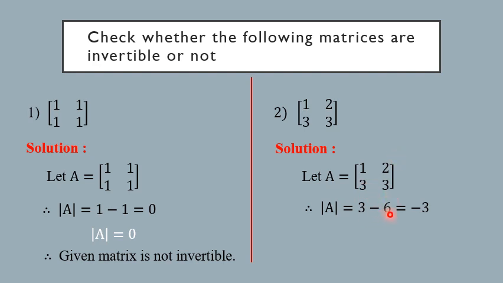So 3 minus 6 is minus 3, which means the determinant value of A is not equal to 0. That is, A is a non-singular matrix, so its inverse exists. That means the given matrix is inversible. So just revise all these points. Okay, thank you.